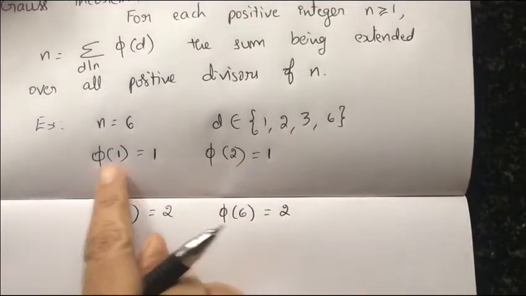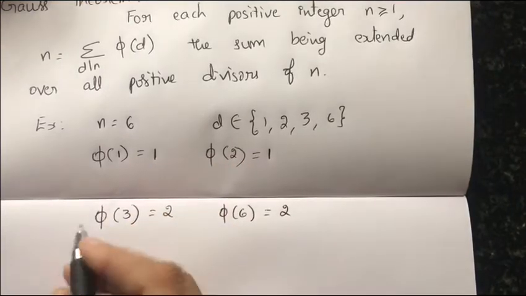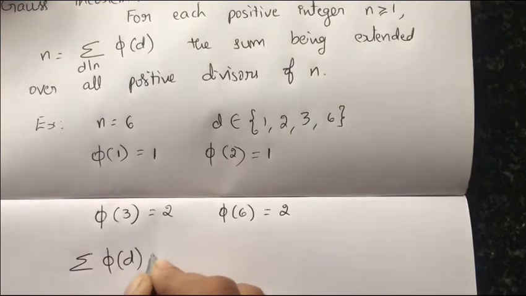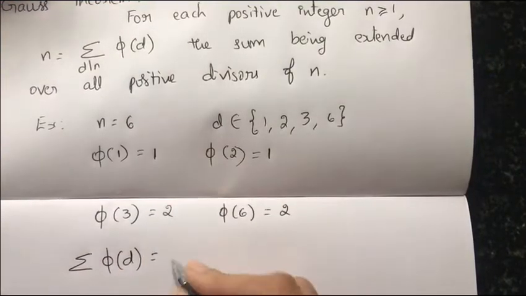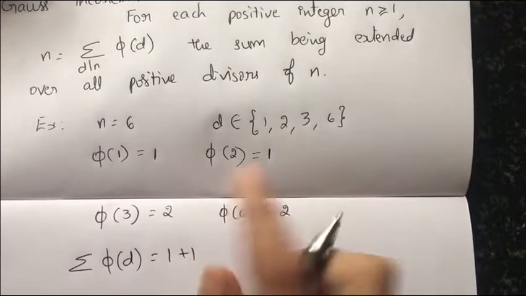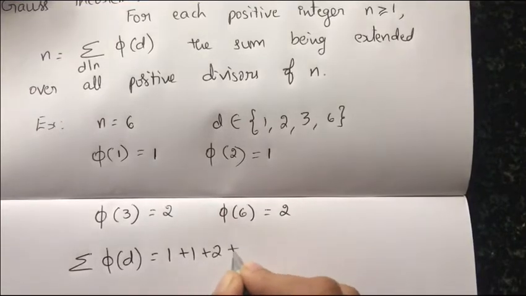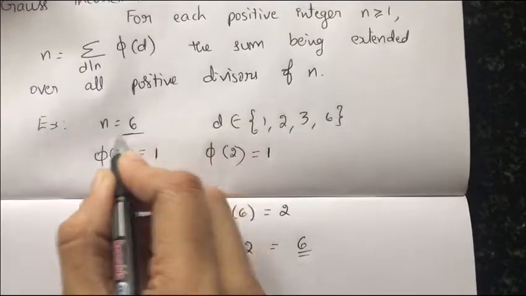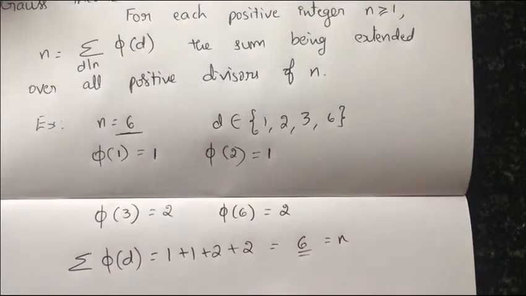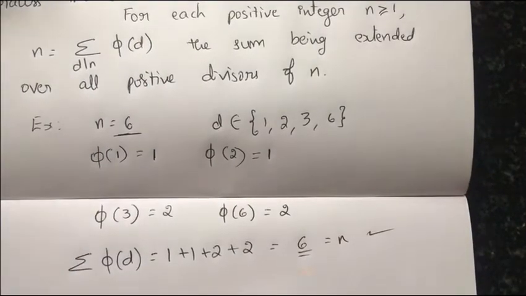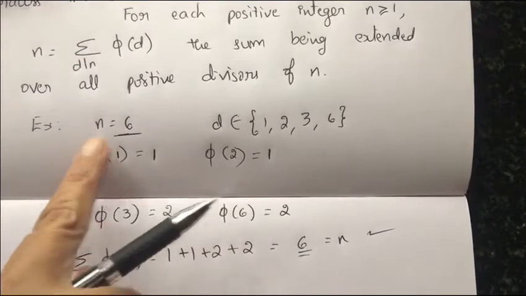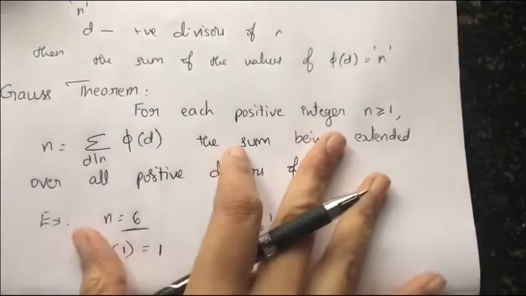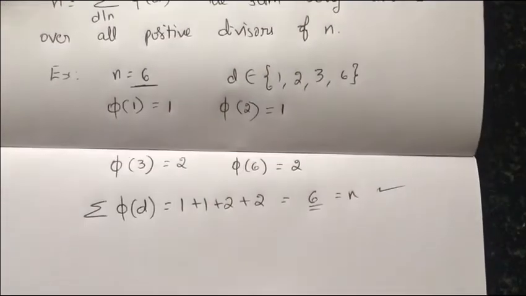Now, add up all these phi of d values, the summation of phi of d. It's 1 plus 1 plus 2 plus 2. So it is 6, which is nothing but n only. It's easy to understand when we take particular examples, but let us now prove this in general.